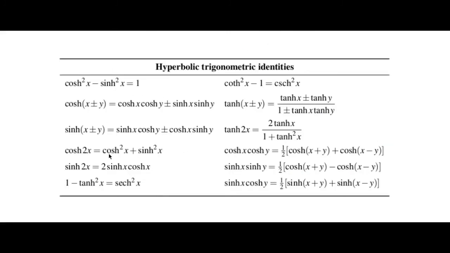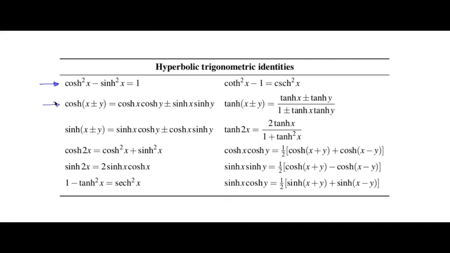And so finally, there are some identities for the hyperbolic trigonometric functions that are very similar to the trigonometric identities. It's easy to prove, you just need to expand this product of exponentials, that the hyperbolic cosine squared of x minus the hyperbolic sine squared of x is 1.